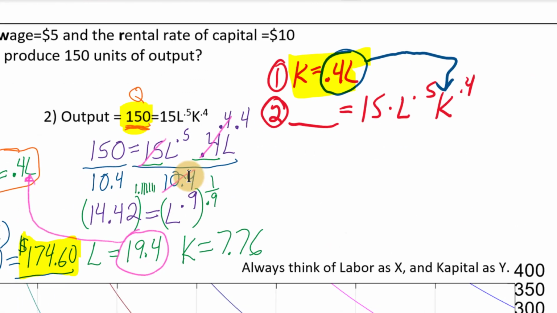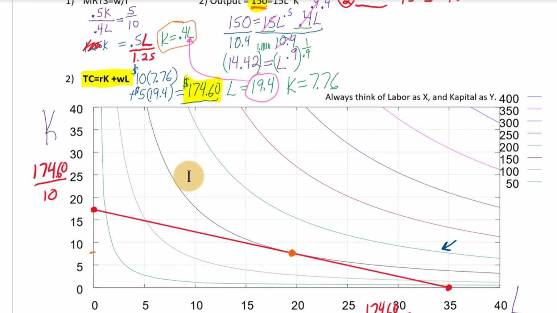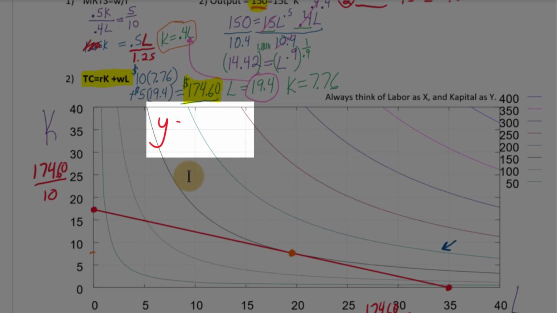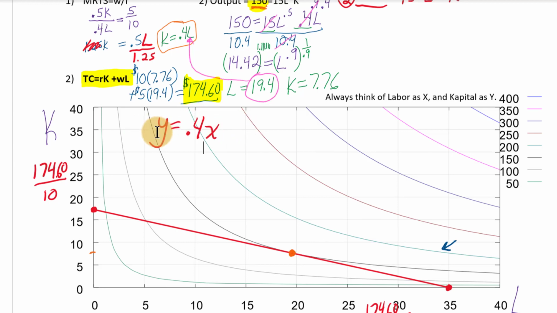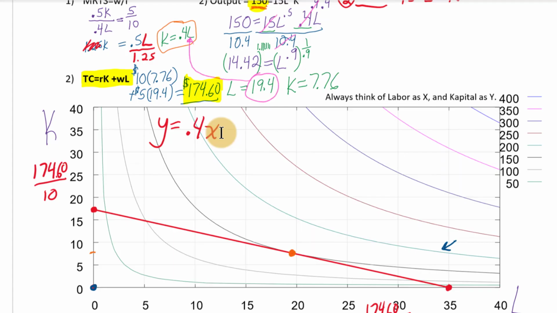K equals 0.4 L. So K is on the y-axis, so this is kind of like y equals 0.4x, right? And what's the y-intercept of that equation? 0, right? So, okay, here's 1 point. Let me do it in a different color than red. Okay, blue. So there's our y-intercept down there.